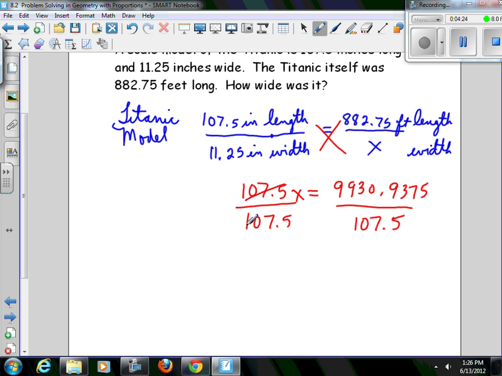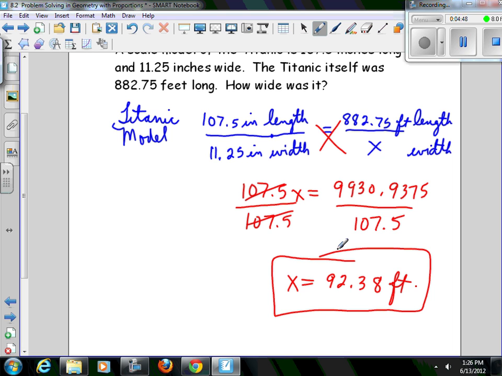And when we do that, the 107.5s cancel, and when we do this, we're going to round it to the hundredths place. So 92.38 feet is the width of the actual Titanic. Okay, let's move on.